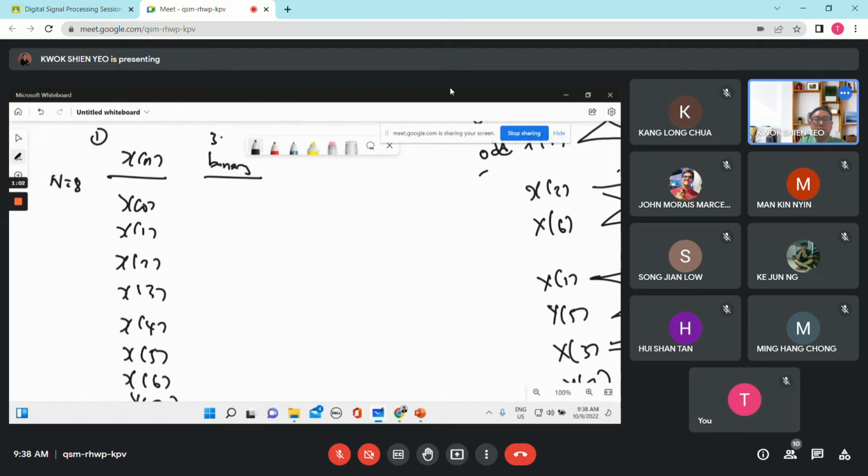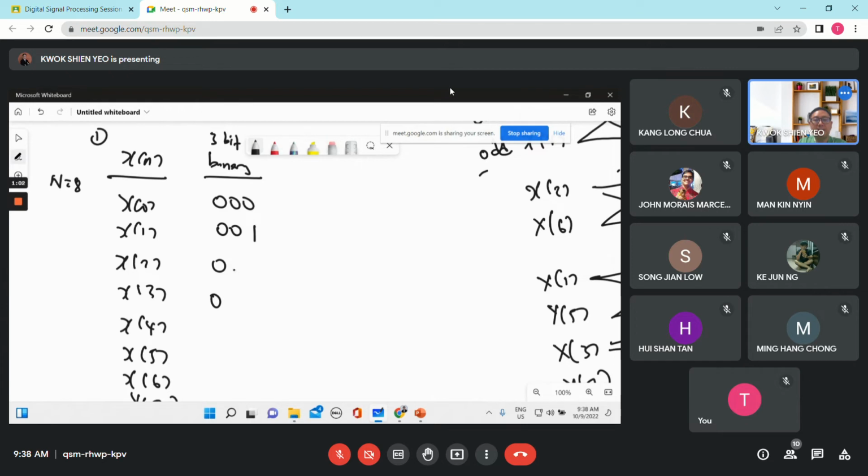So 3-bit binary representation of the index, right? So it is 0, 0, 0 for the first x. Then this is 0, 0, 1, then 0, 1, 0... oh, sorry, cannot be 0, 0, 2. It should be 0, 1, 0, right? What am I doing here?